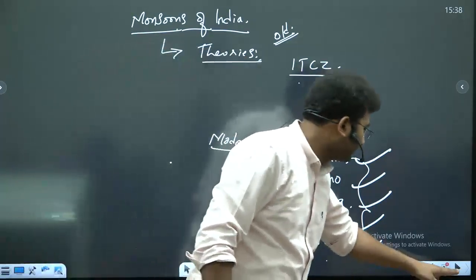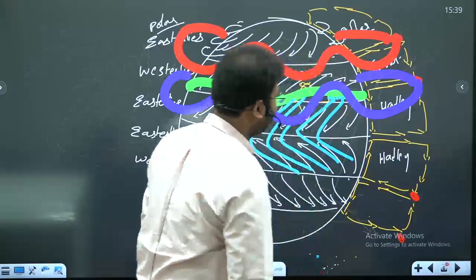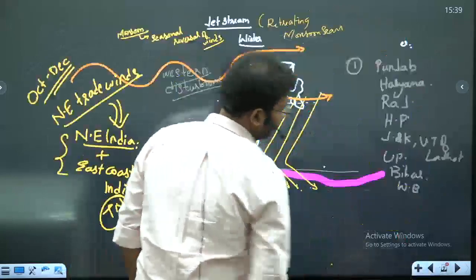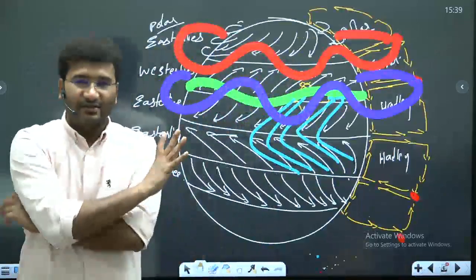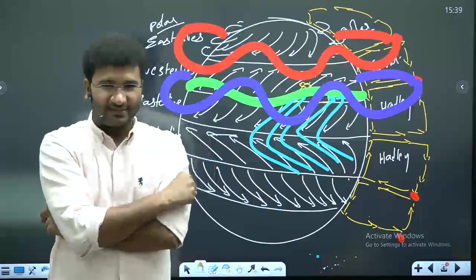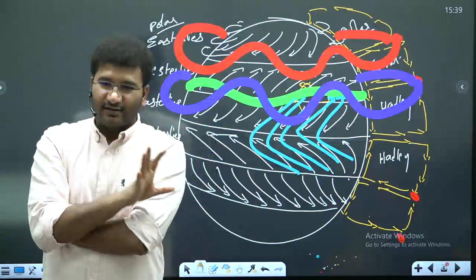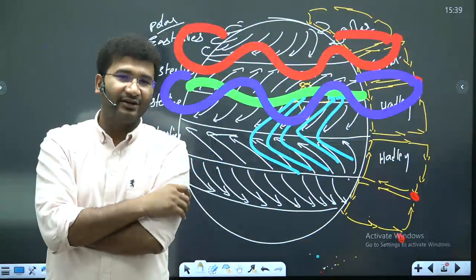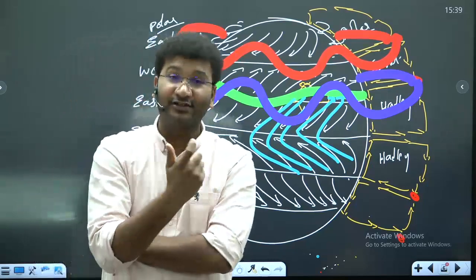देखिए, look at this circulation. These are global atmospheric circulations. But Walker cell is a latitudinal cell. I'm using the word, it's a latitudinal cell.